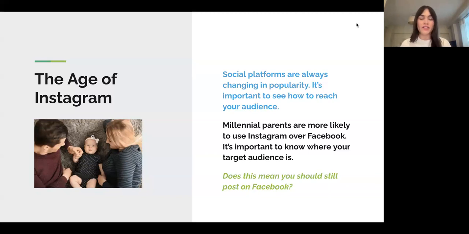So it's important to always keep an ear out for what platforms are growing in popularity. And right now, in terms of communication with a business, Instagram is something that's really great. I put a little question here. Does this mean you should still post on Facebook? We believe so. It's great to post on as many platforms as you can. So just because Instagram is growing a little bit more in popularity than apps like Facebook is, it doesn't mean you should stop posting there. Luckily, they are both owned by Meta.